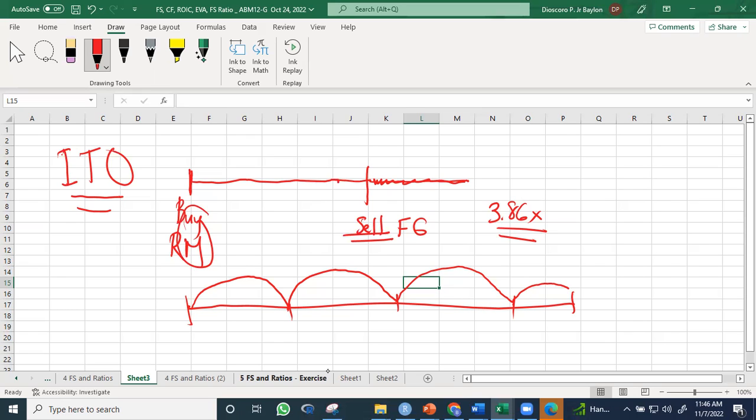Okay? 3.86 times. Okay? Now, in inventory turnover, the bigger, of course, the better. The bigger, the better yan. Bakit? Kasi kunyari, 10 times yung inventory turnover natin. Ibig sabihin, 10 times yung company, bumibili ng raw materials, convert to finished goods. Buy again, convert to finished goods, and then sell.